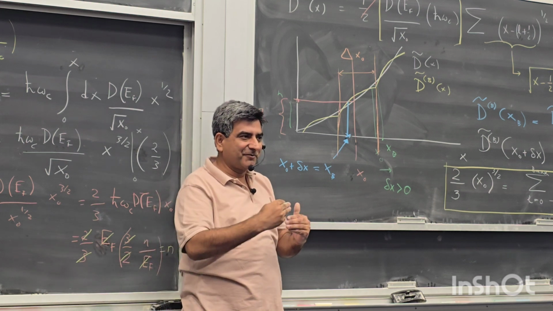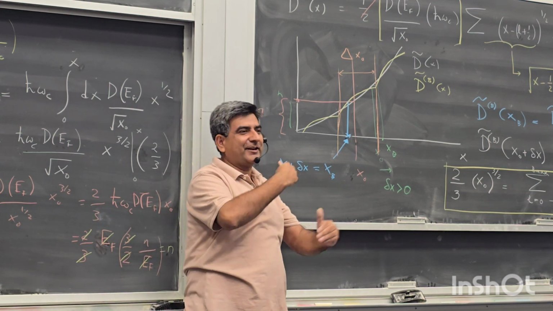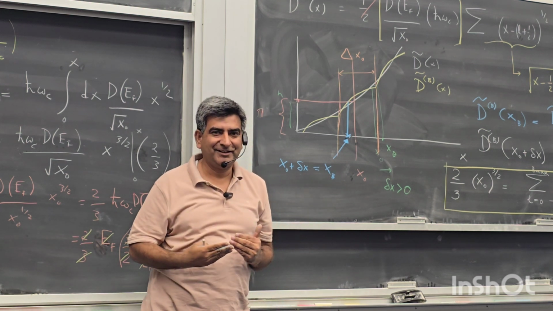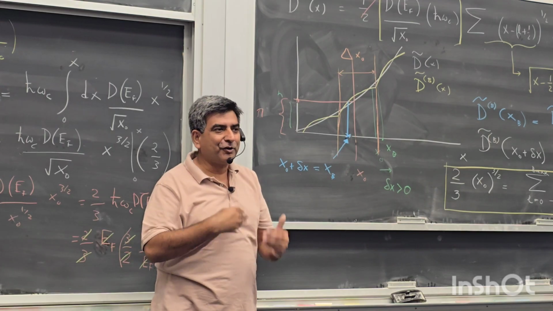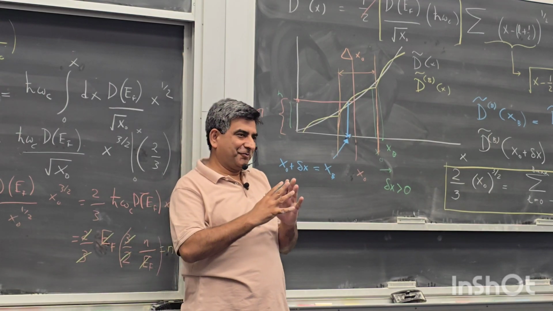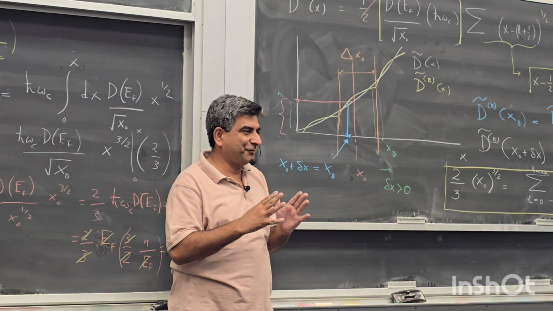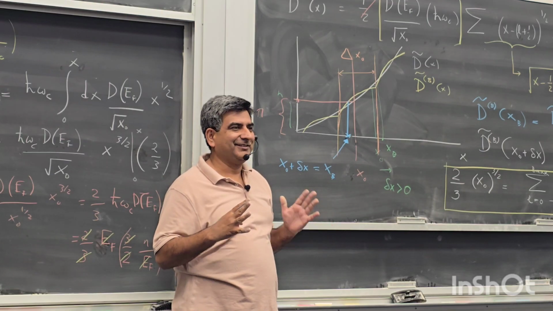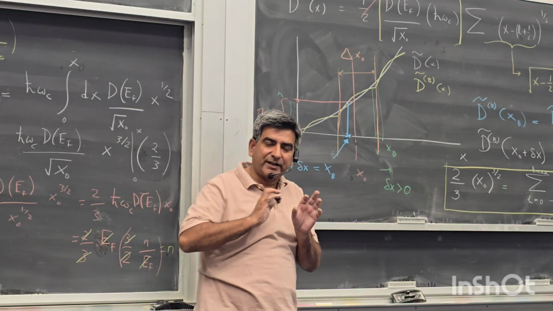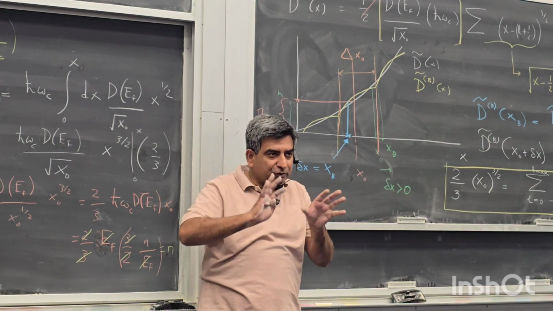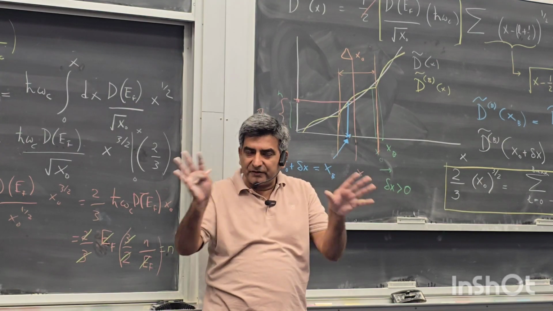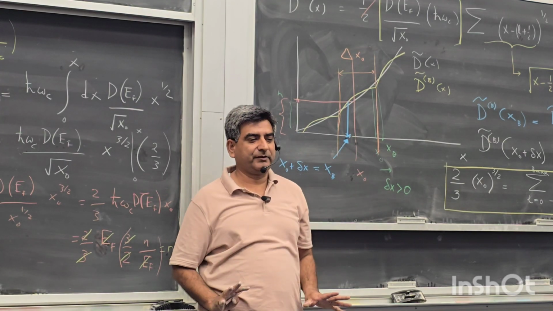Just L changes by 1 unit, everything repeats itself. So the period of delta x should be equal to 1 unit. Got it? So Landau quantization is coming in its full glory. It's manifesting in different countenances, in different forms.